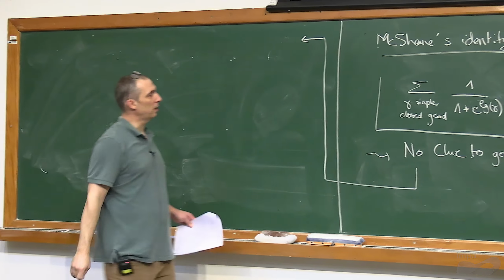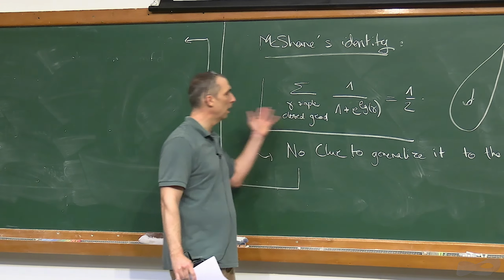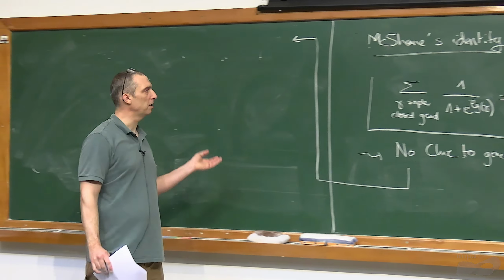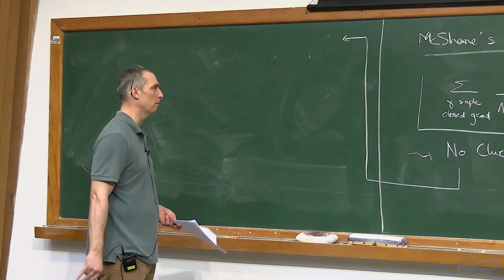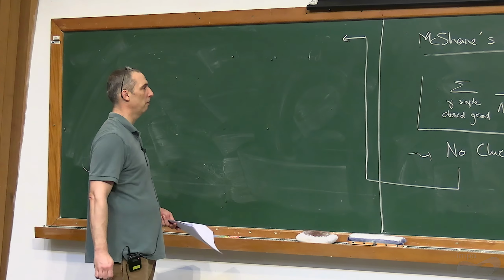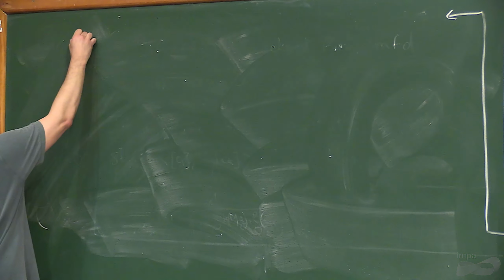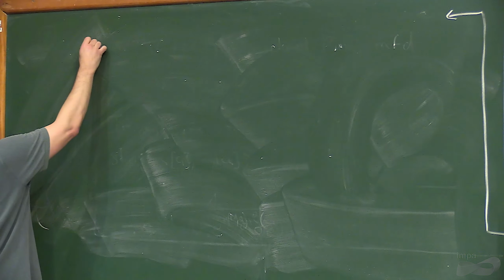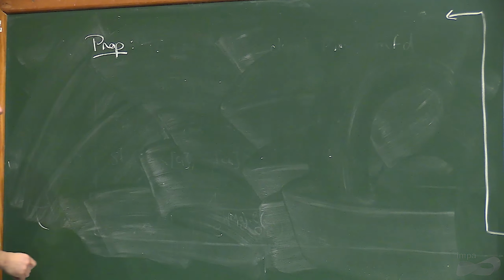We don't know how to generalize it to the free curvature case, but we have a result which is comparable to this. Not really comparable, but with the same flavor. And this is a result by myself and Louis Merlin. Maybe I say this is a proposition.